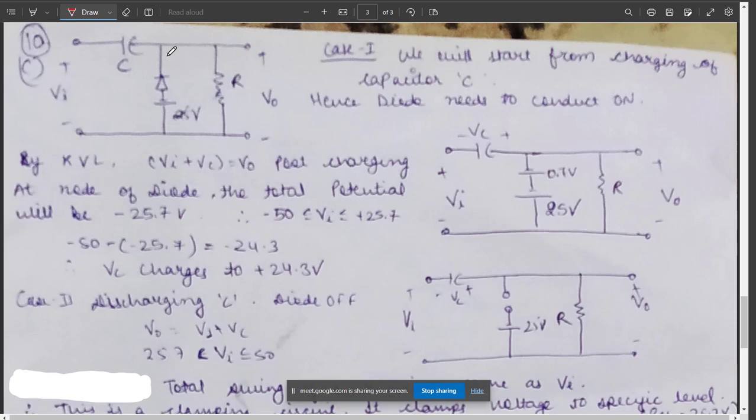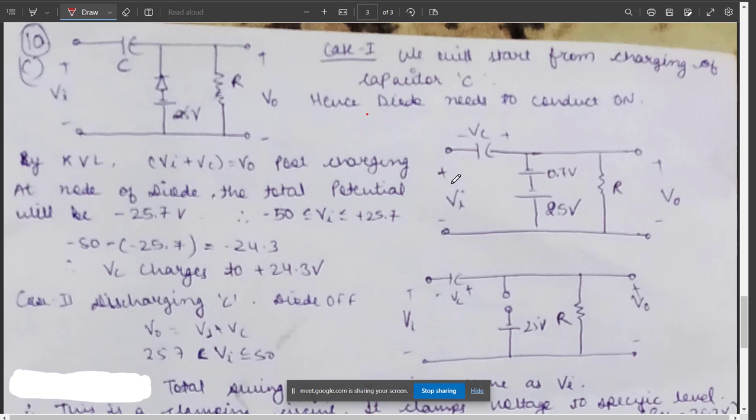How will this capacitor get charged when this 25 volts is also there? When the diode needs to conduct, the diode will be switched on, and that is how our capacitor gets charged.